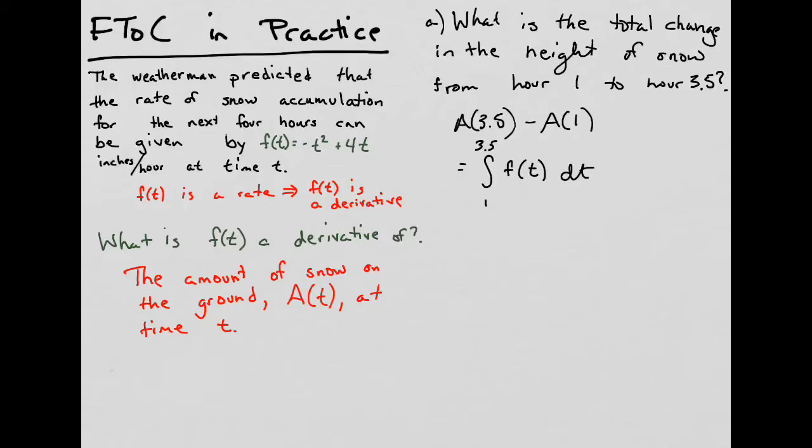And so when you do this, this is going to be the integral of negative t squared plus 4t dt from 1 to 3.5. All right? Which is equal to, take that antiderivative, so we go up in a power, so that's going to be negative t cubed over 3, plus, and then you go up in a power for t, so that becomes t squared, and then 4 over 2.